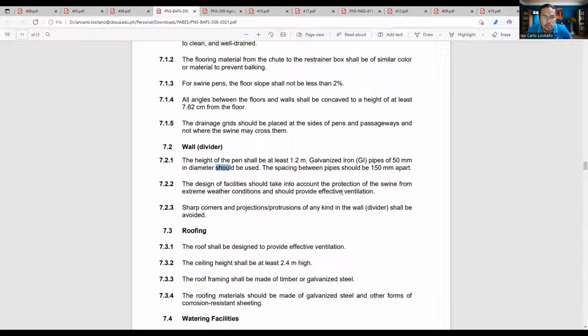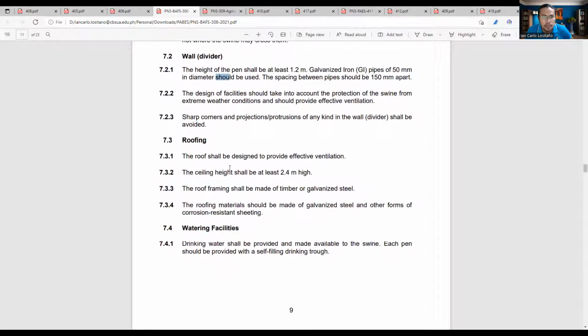Design of the facility should take into account the protection of the swine from extreme weather conditions. Okay, sharp corners and projections shall be avoided to avoid injuring the animals. The roof shall be designed to provide effective ventilation, and the ceiling height shall be at least 2.4 meters.